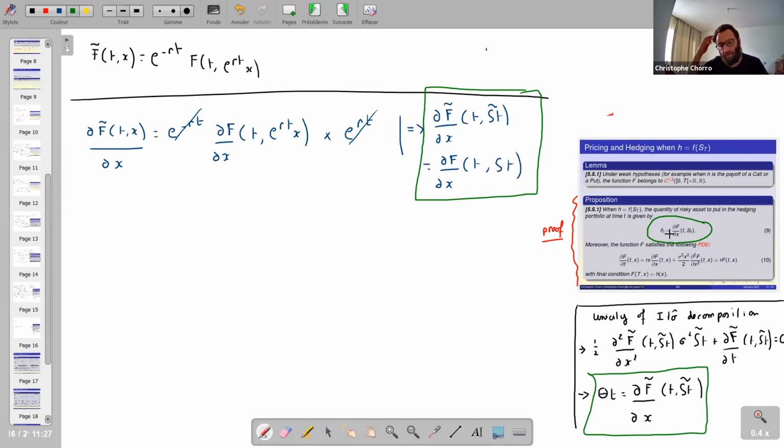So, second point, I have to do the same for the other partial derivatives involved in my relation. So I have this one and this one. Let's do it for the second derivative here. Because what is the second derivative? The second derivative is just the derivative of the first.